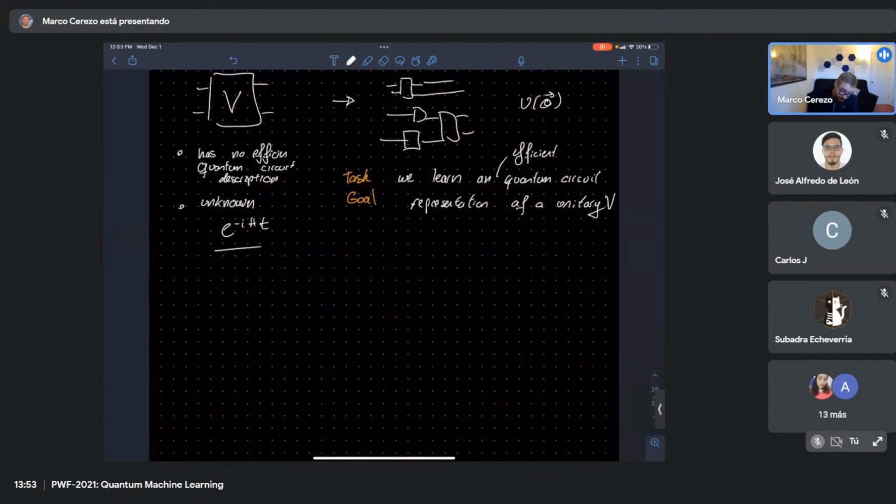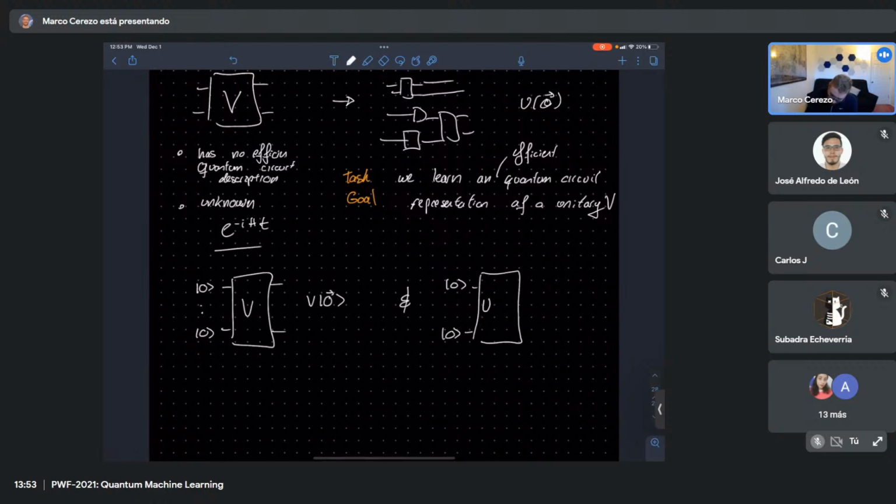So for instance, maybe what we can do is prepare a zero state. We can send it through V. And here we're going to have V acting on 0, right? What we want to do is initialize our qubit in 0. We want to send it through a quantum circuit that is parametrized, and we're going to have a state U(θ) acting on 0.